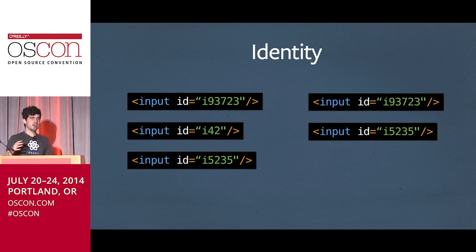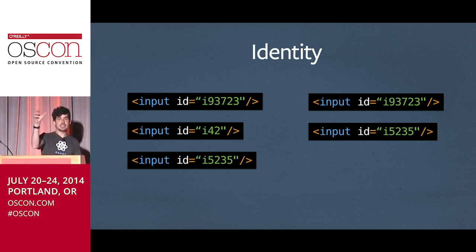One attribute that works very well is the ID attribute. What's usually happening in practice for your forms is that you're going to put an ID which corresponds to the unique ID of the model that the input corresponds to. So for example, in this case, we have unique IDs of different lengths.